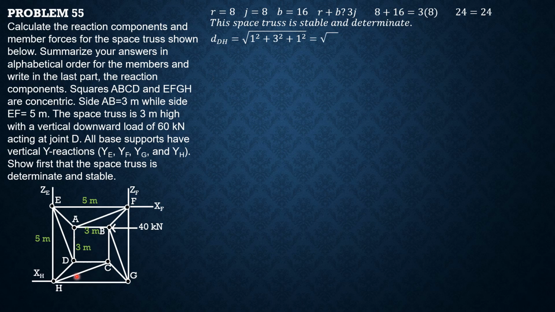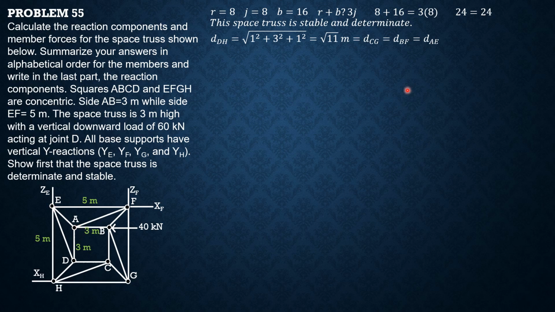Distance DH, by the way, is square root of 1 squared along X, 3 squared along Y, then along Z is also 1. So positive X direction, Y direction upward, then Z direction forward. So it is equal to square root of 11 meters, distance DH, which is also equal to distance CG, distance BF, and distance AE.